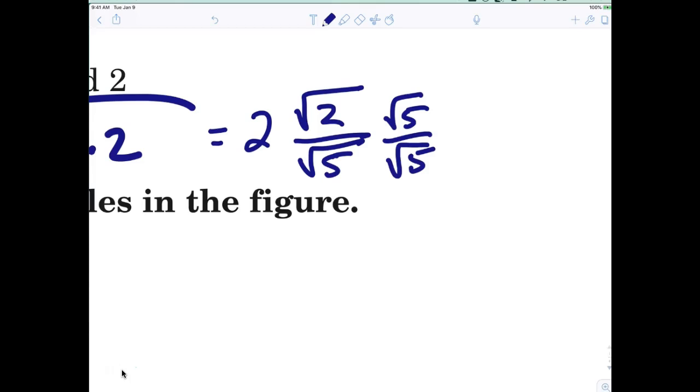It's called rationalizing the denominator. The reason they call it that is that a square root is an irrational number. So the denominator is irrational, so I'm going to make it rational by multiplying it by itself. And now I end up with 2 radical 10 over what? 5. 2 radical 10 over 5, and now 5 is considered what? Rational.